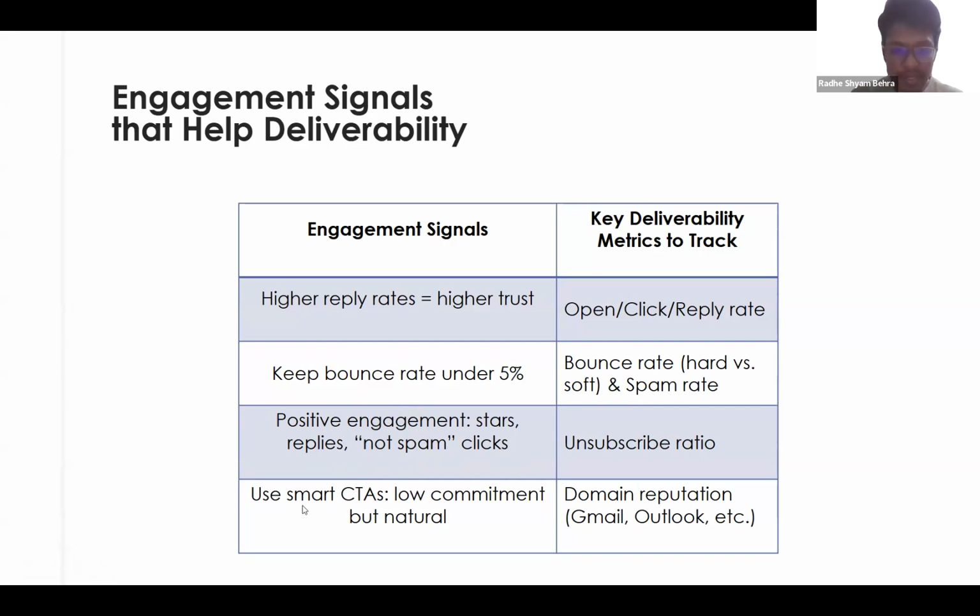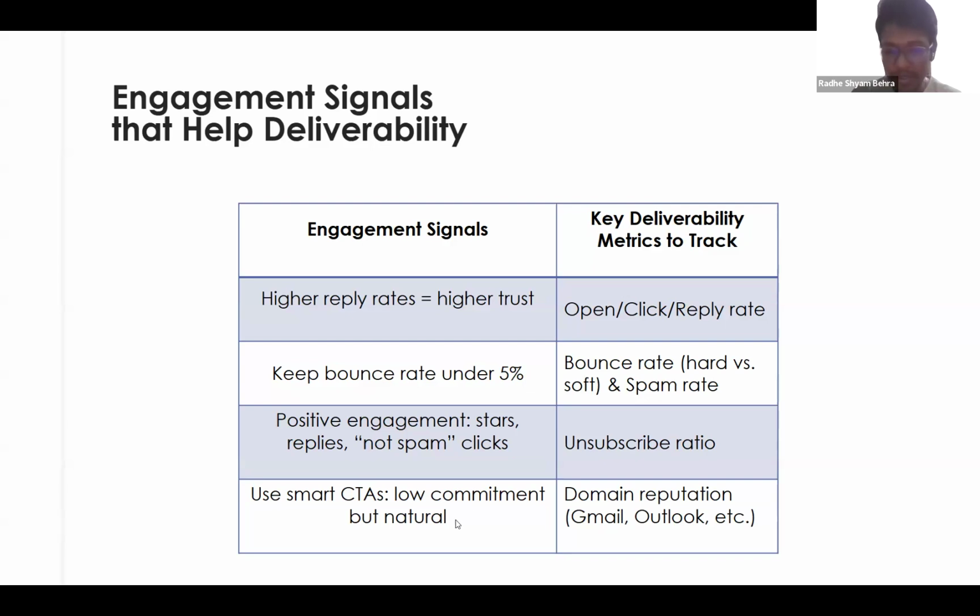Then we move on to the smart CTAs. Try to keep the CTAs as low commitment as possible. If you ask them to attend the webinar, for example, they might not directly come to the webinar.